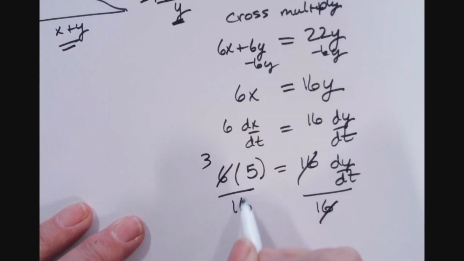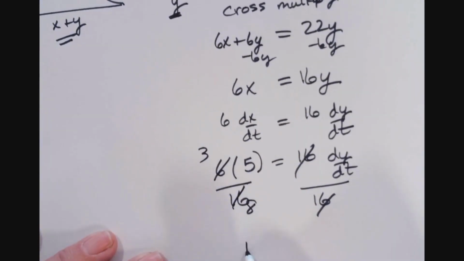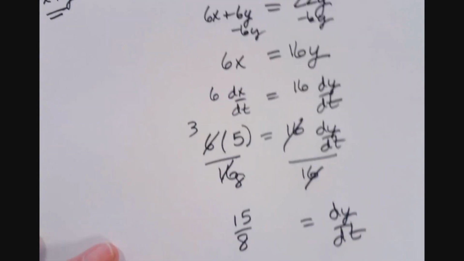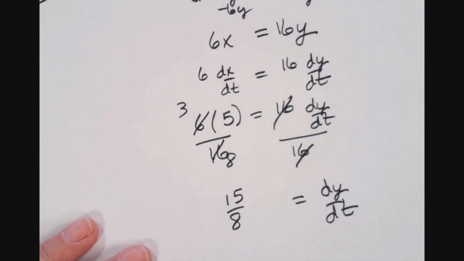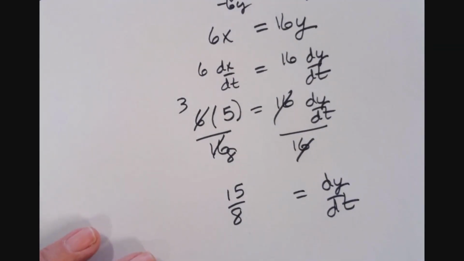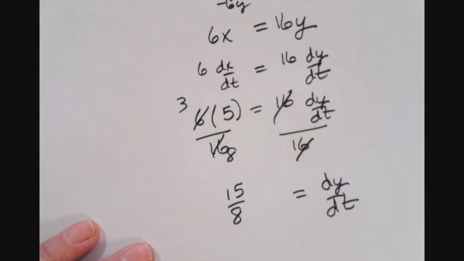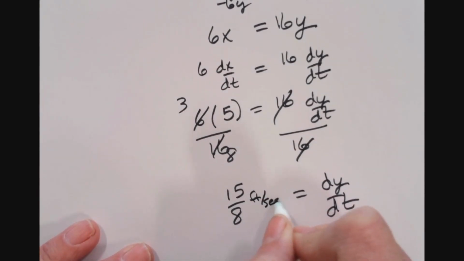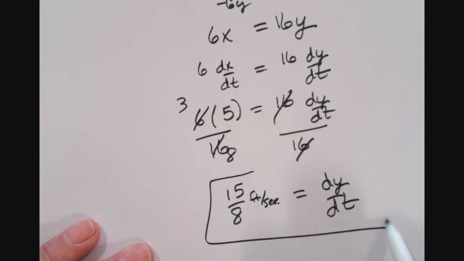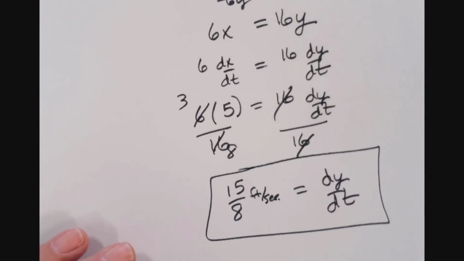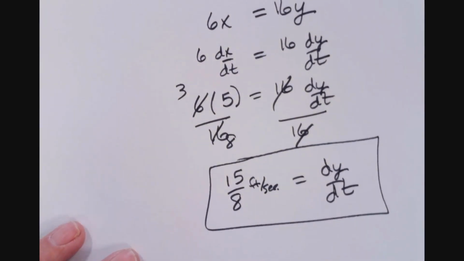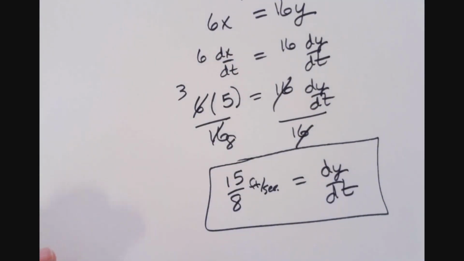So 15/8 dy/dt. We didn't even need that x. And what units are we? Feet per second. So his shadow is increasing at almost 2 feet per second.